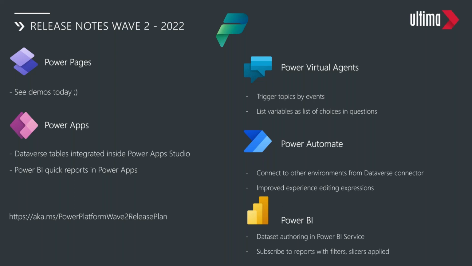And then secondly, list variables. At this point in time, you can create lists, you can create custom lists, but you can't consume them in questions in the chatbot. That's a very challenging thing to realize at the moment in the product. What they're going to offer is that you can use and consume these lists.